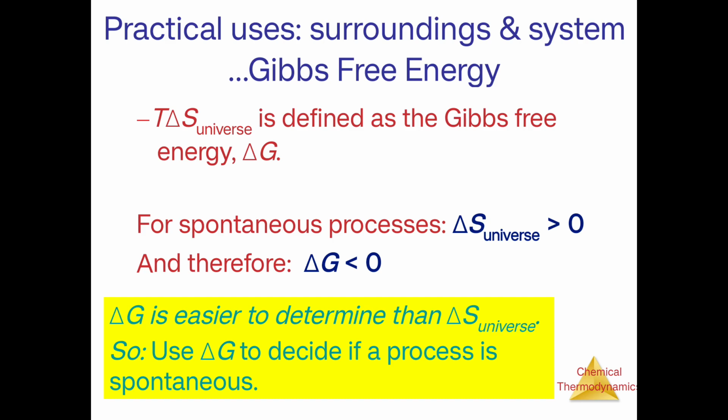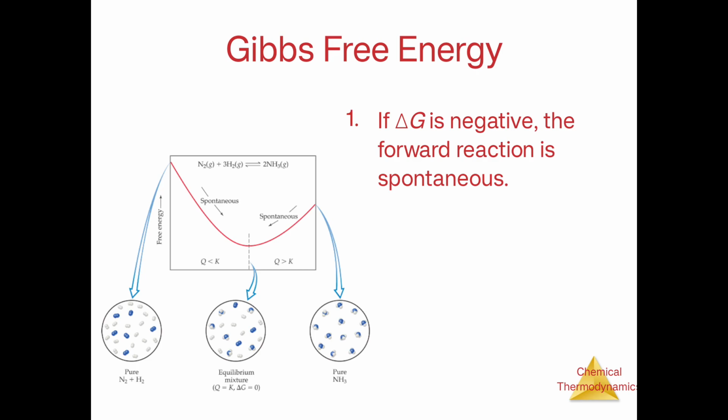Sometimes, as we all know, measurement of the degree of randomness will not give us an accurate result. So in that case, we have to focus on the Gibbs free energy and its change. It is easy to measure when compared with the entropy measurement.